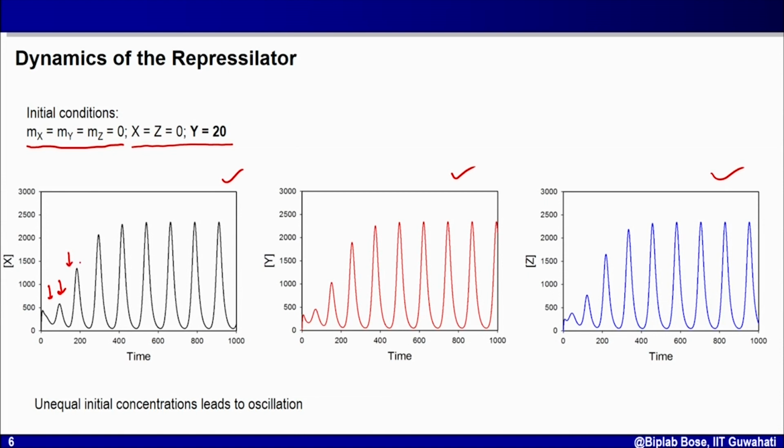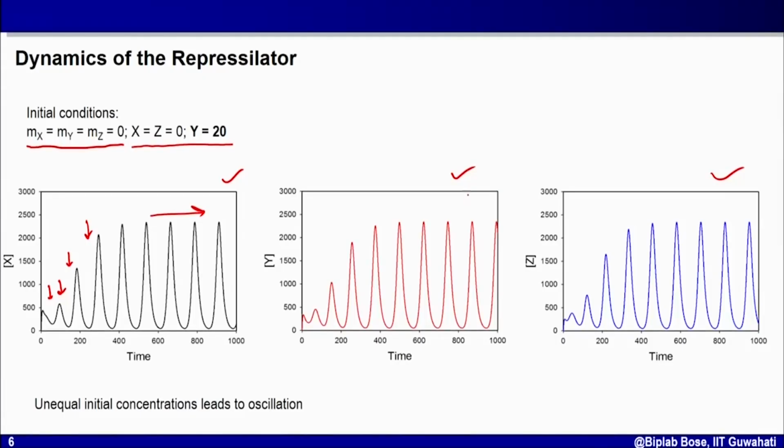Then the amplitude increases, it increases further, and then it stabilizes. So x is oscillating with time. Initially it's a slow oscillation, the amplitude is low, then the amplitude increases, then it further increases, and then it stabilizes at that higher amplitude.